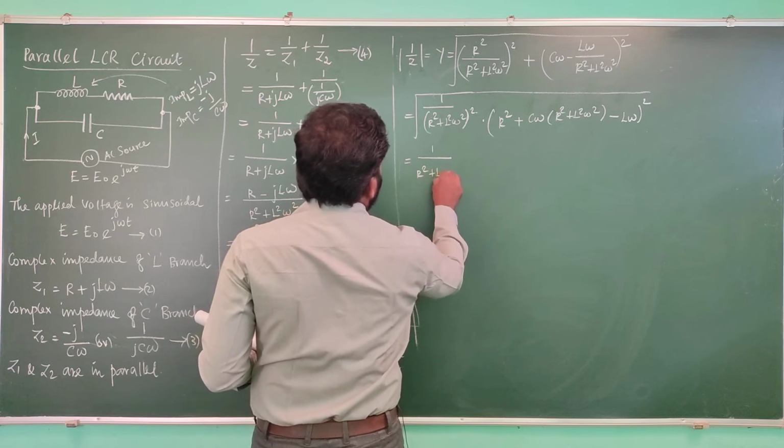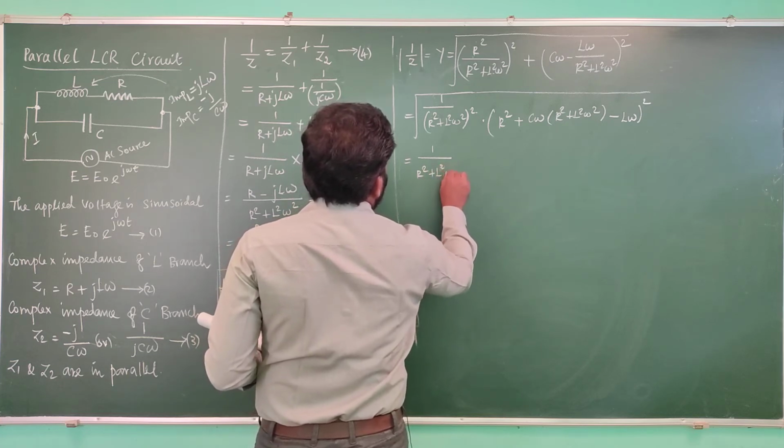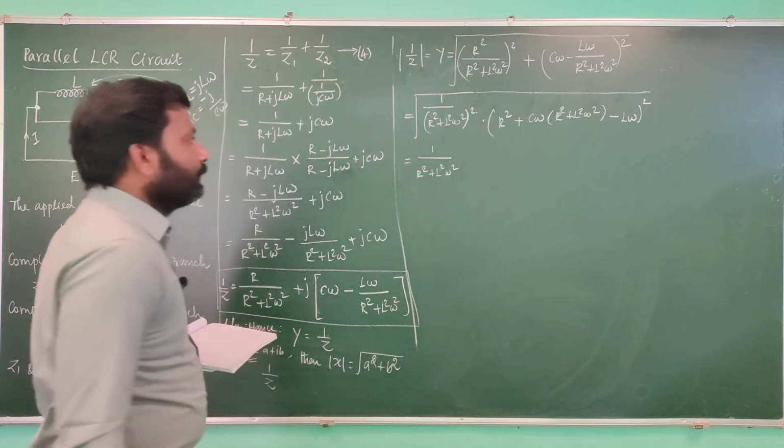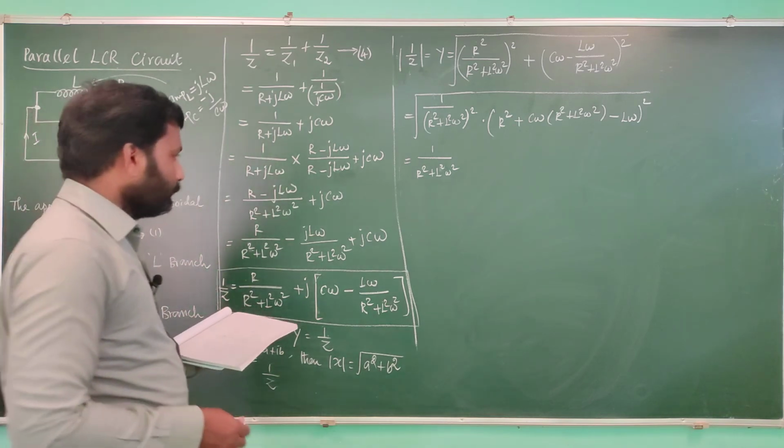R square plus L square omega square now comes out from the square root.